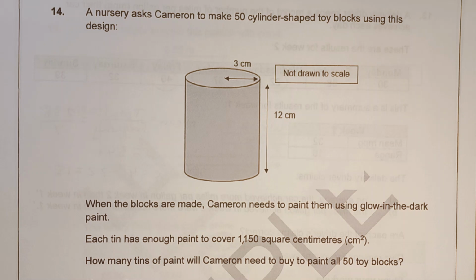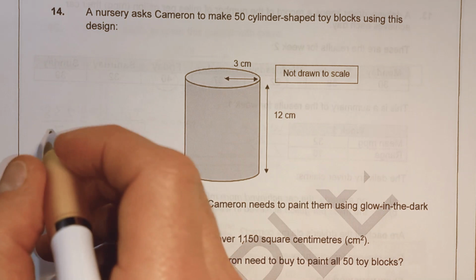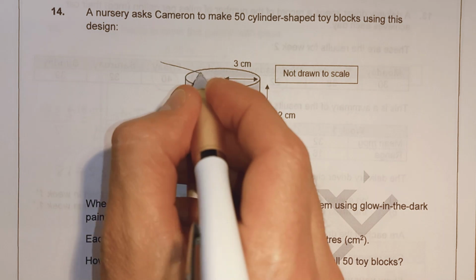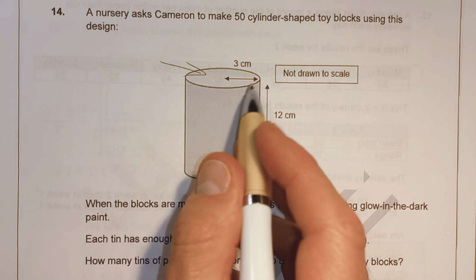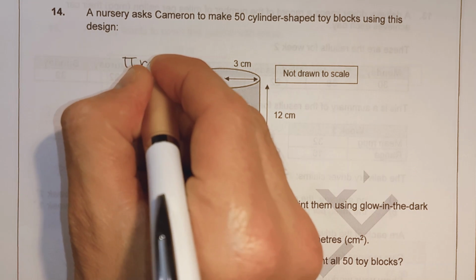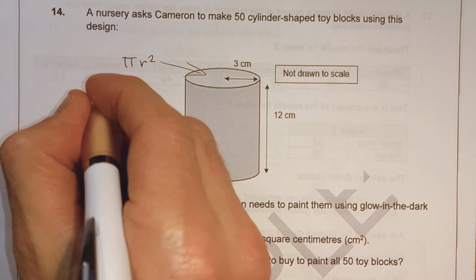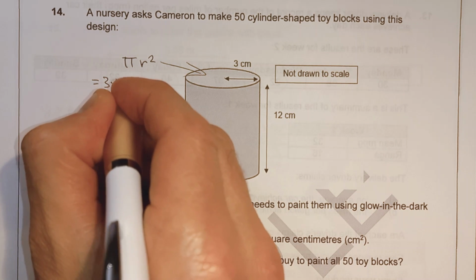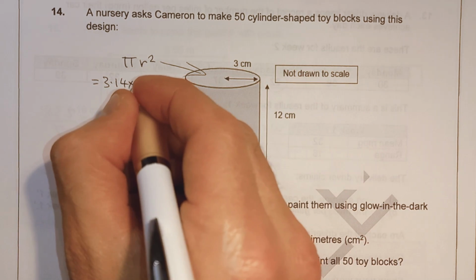So first we've got to work out the surface area of this. So how much have we got to paint? And then we can work out how much we're going to need for 50 toy blocks. So we're going to have the top first of all. Okay, so the area of this, well, it's a circle, so it's going to be pi r squared, where pi is 3.14 and r is 3.